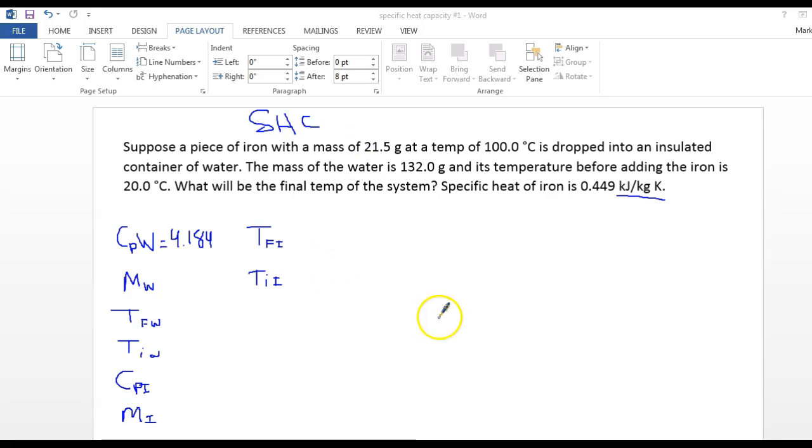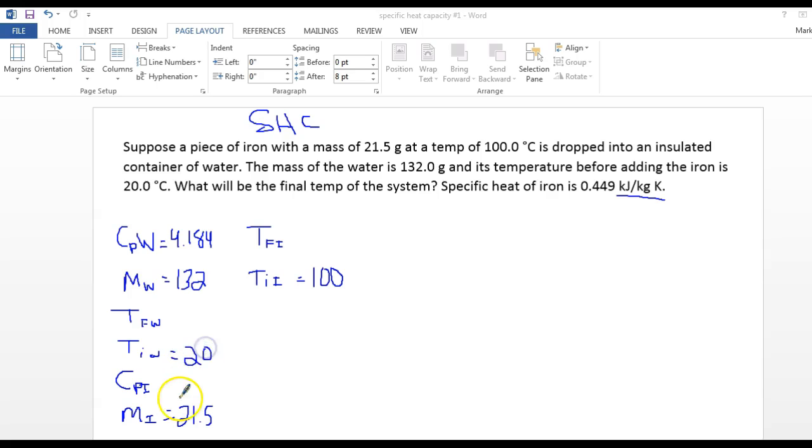So we have that, and then we know the mass of the iron, 21.5. And then we know 100 degrees is the initial temperature. In Celsius here doesn't matter as much. The insulating container of water, the mass of the water is 132, and its temperature before the iron is 20.